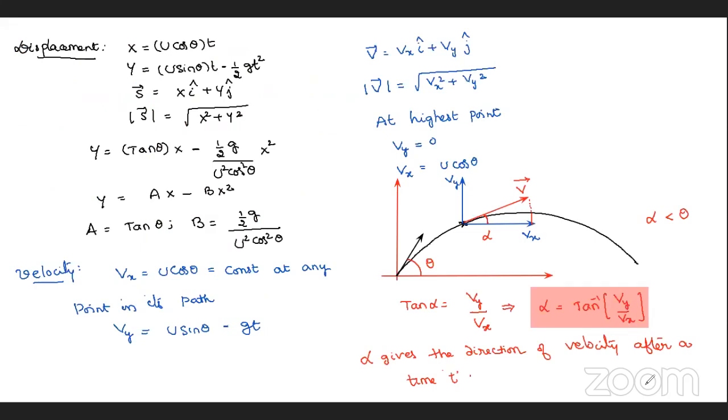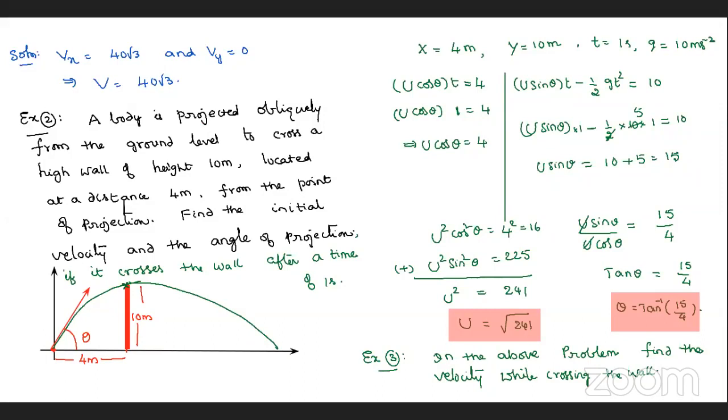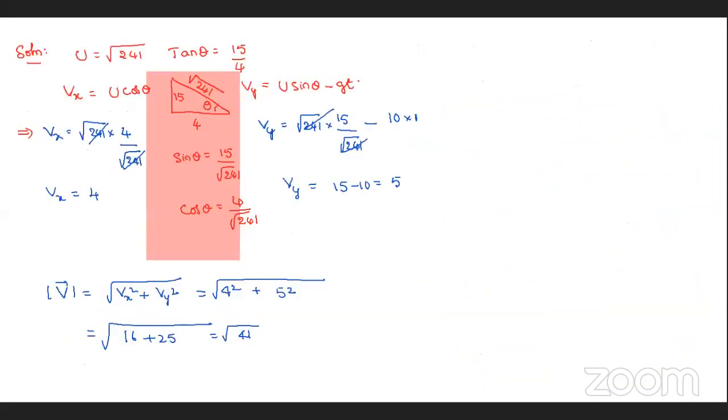This is the first one. This is the second one. Yeah, vector form 4 i cap plus 5 j cap. Yes, correct. This is the third one. And here, fourth one, we still have to write something.